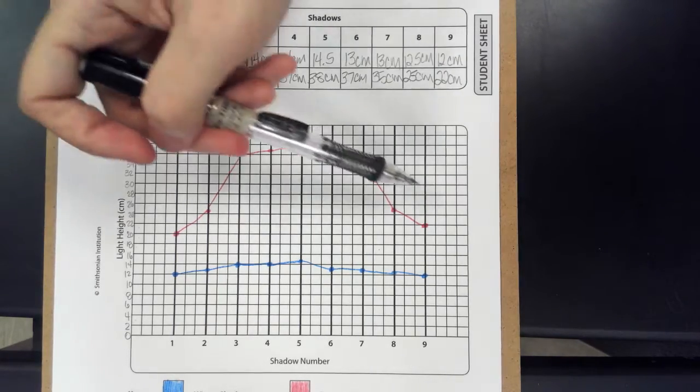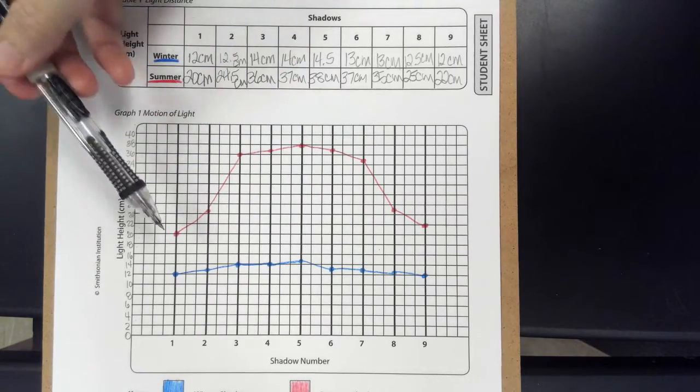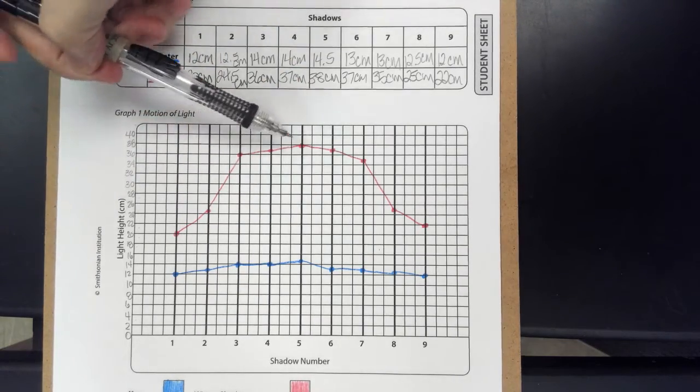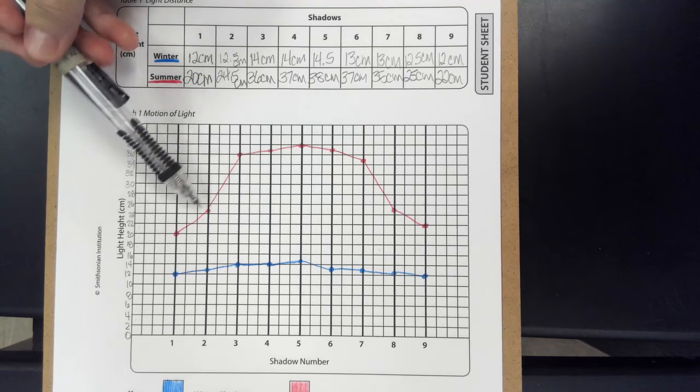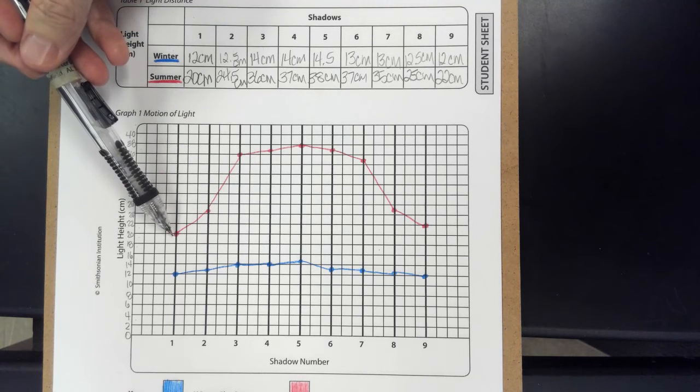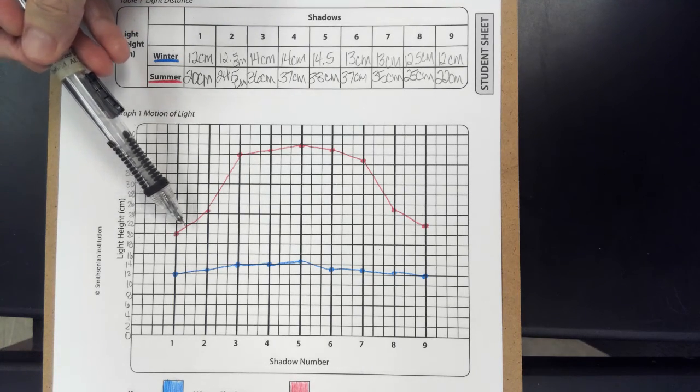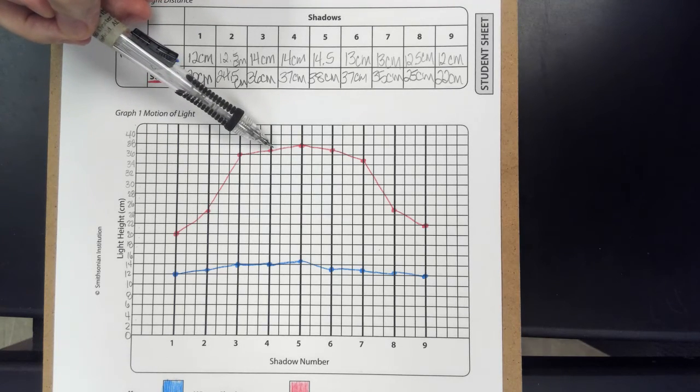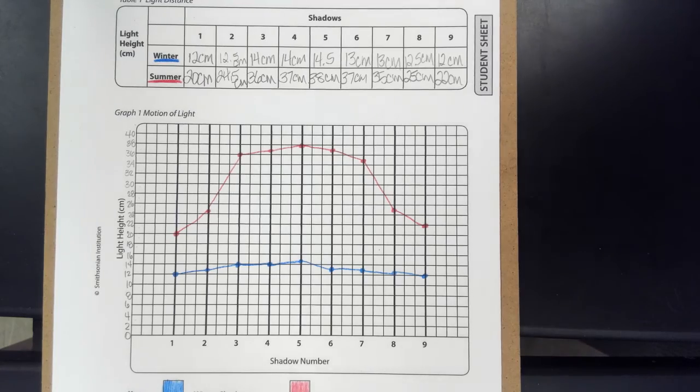Once I have all of those dots plotted in red for summer, I connect those dots. As you can see, there is a great difference between early morning shadows like shadow 1 and afternoon, like noontime shadows. Good.